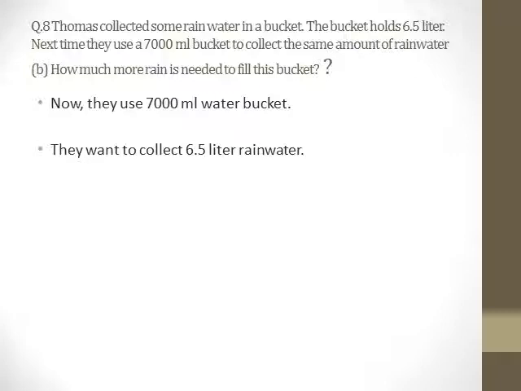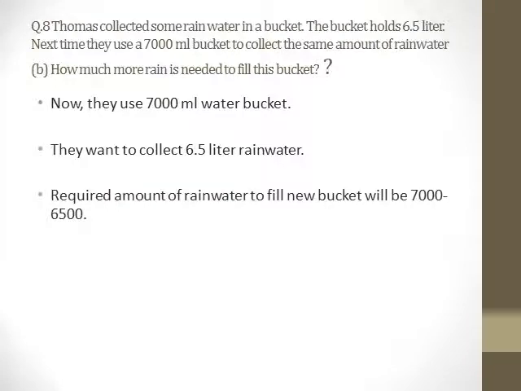And I told you guys that whenever you have two values in different units, first you have to make their units the same. So I will not write 6.5 liters, I will convert it into milliliters, so that I can easily do addition or subtraction, whatever is needed. Now they are asking how much more rain is needed. So the required amount of rainwater to fill the new bucket will be 7,000 minus 6,500.